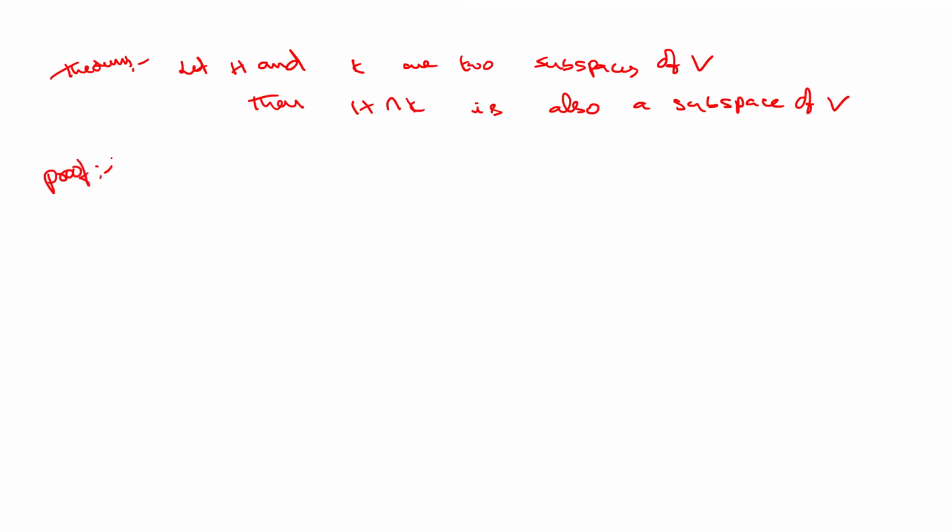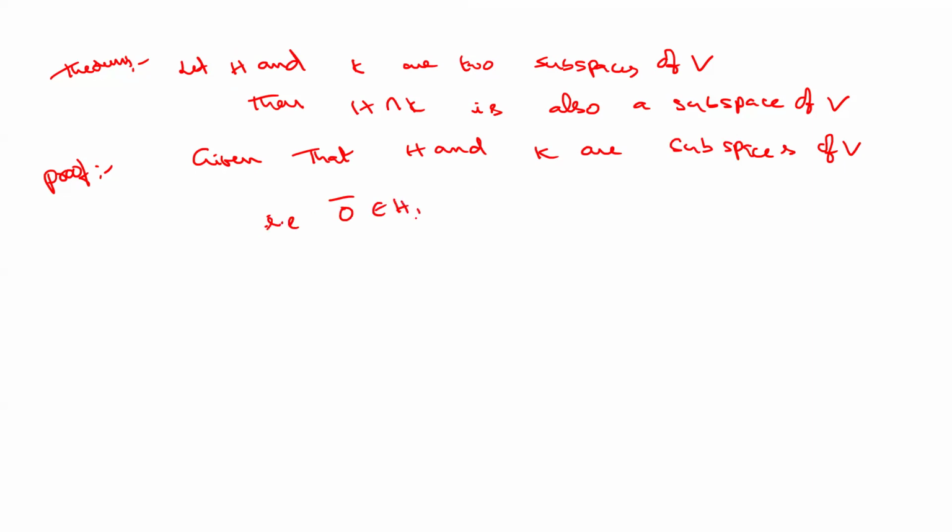So given that H and K are subspaces of V, that means the zero vector belongs to H, and the zero vector belongs to K. That means the zero vector belongs to H intersection K. So the zero vector is in H intersection K.